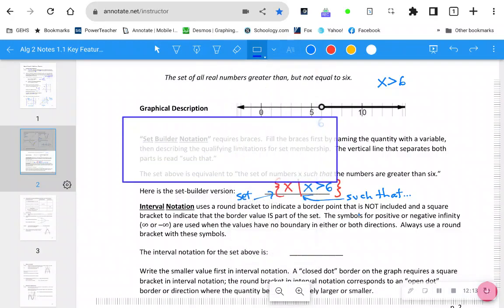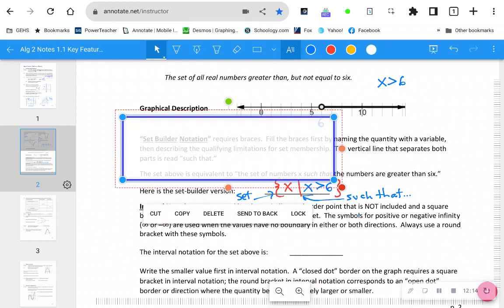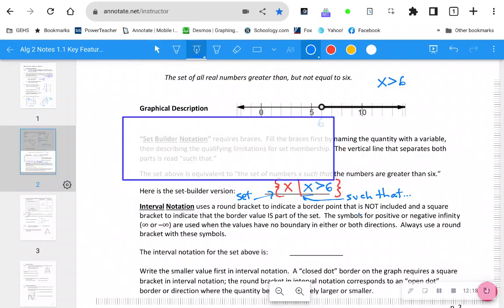Okay, now that is a little bit weird for you, so what I'm going to do is just take a little bit of a pause here, and I'm going to show you another application of this. Let's say that you had this set of animals such that they are warm-blooded. Hang on, my stylus is acting up.